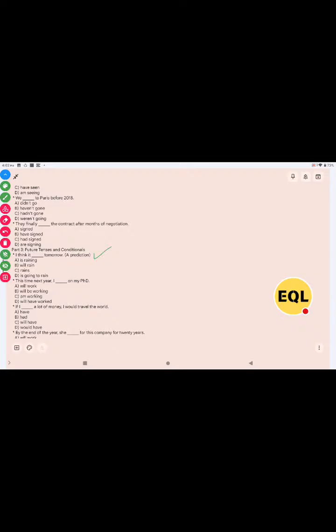But this is an American formula. If we follow the British one, it is different. With I and we, shall is used. With all other pronouns and singular and plural nouns, we use will. This is a British formula.